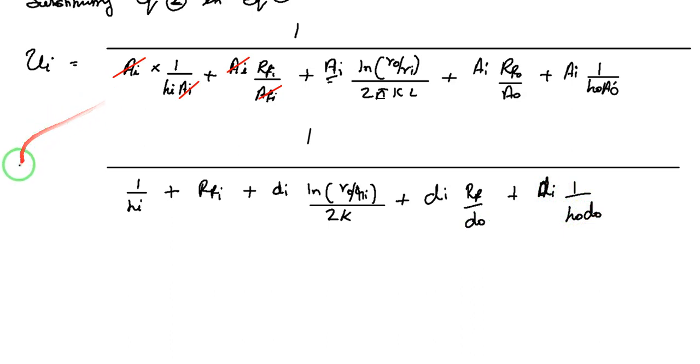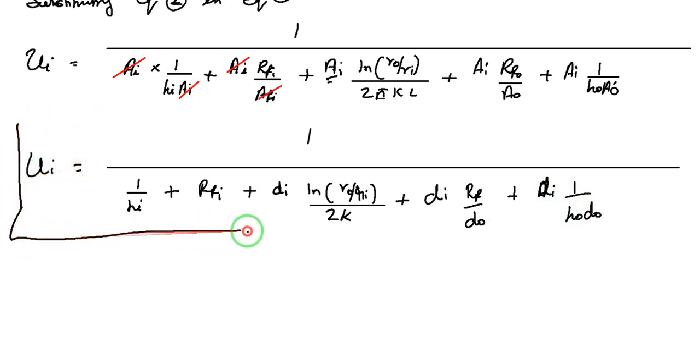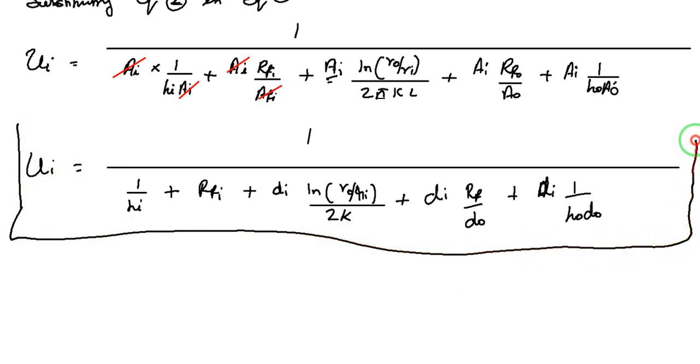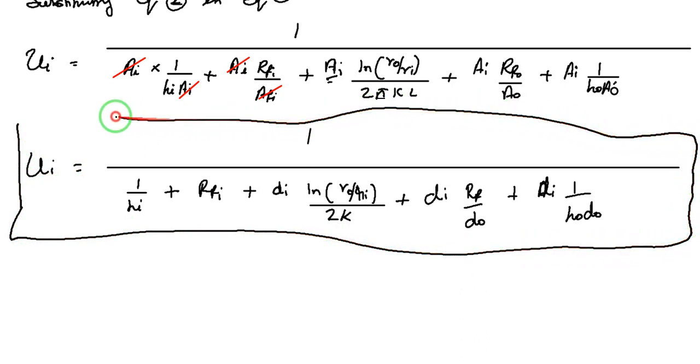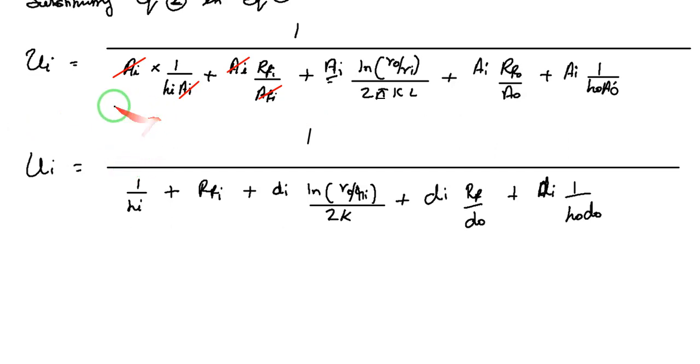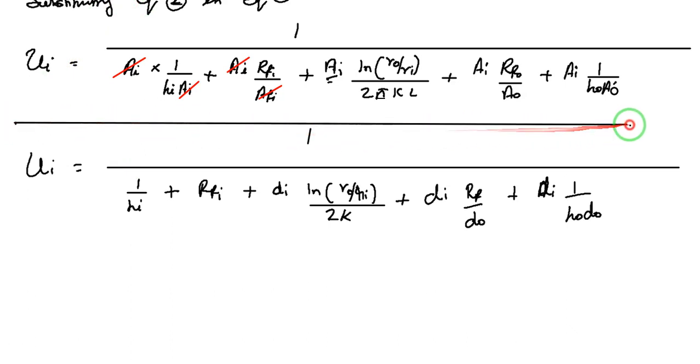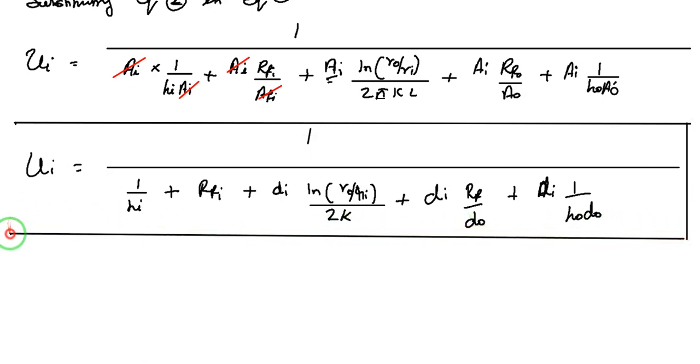So in terms of diameter, we'll get this equation. Okay, let me use this one. This is much easier. Okay, fine. So this is the equation in terms of diameter.